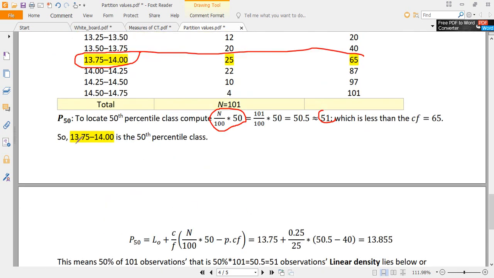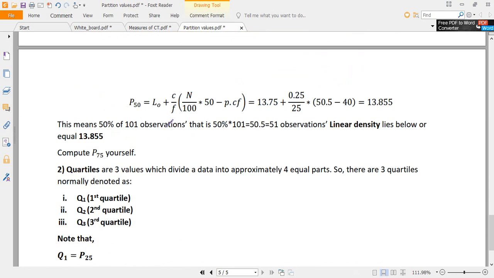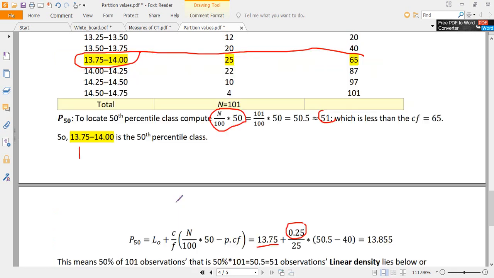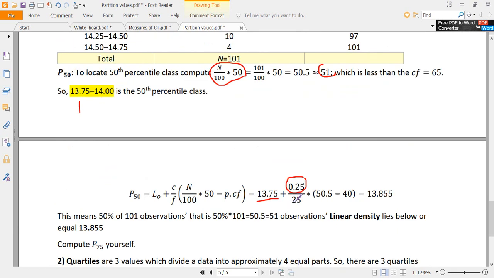I highlight here that the 50th percentile class is 13.75 to 14.00. So we now just have to put these values in this formula. L naught is the lower limit, which is 13.5. I put it here. C is the class interval, 14 minus 13.75 gives us 0.25. F is the frequency of the percentile class, so F equals 25.